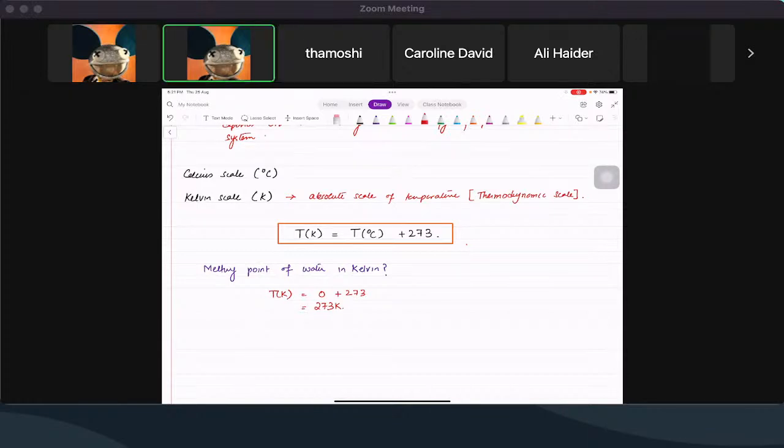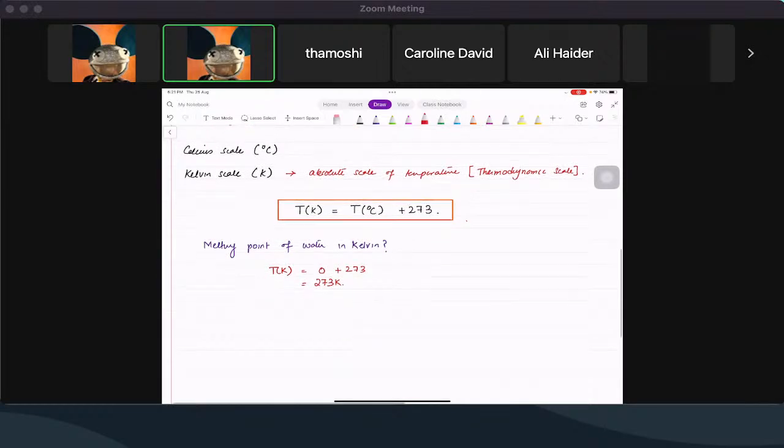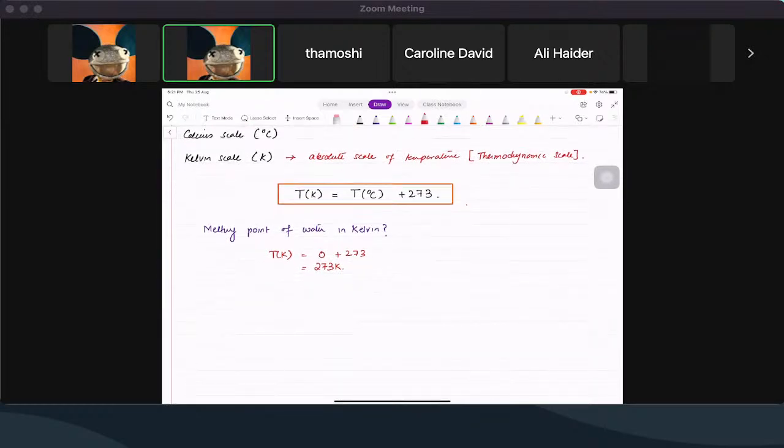Now, if I want to find the boiling point of water in kelvins, what is the boiling temperature of water in Celsius?